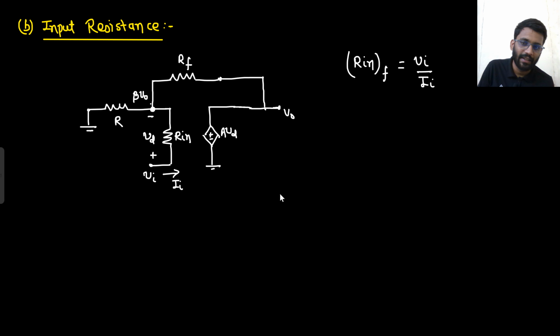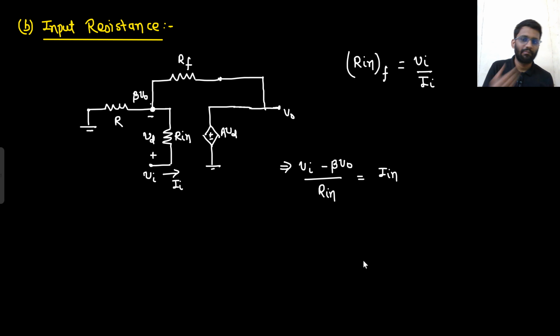So what I can write is that from here, Vin minus beta V naught divided by Rin is equal to Iin. Say yes or no. Right? Now what is your V naught? Before writing V naught, I can write this Iin into Rin.